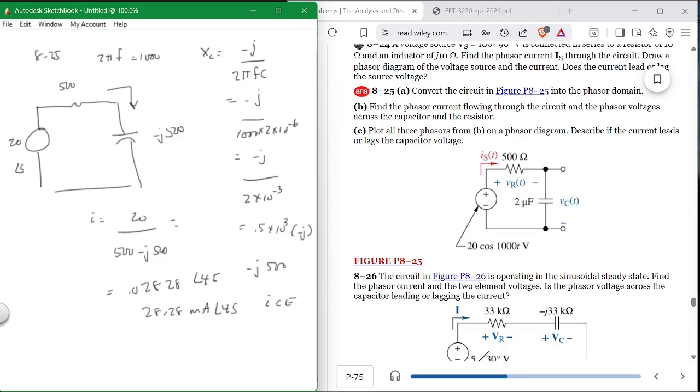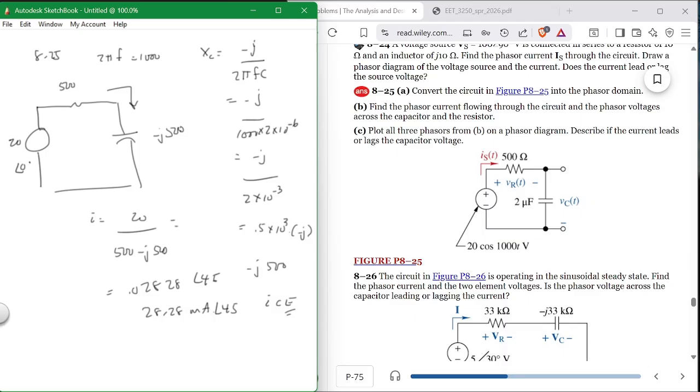So this is a 0 degrees angle. This is at 45 degrees. Current is ahead of voltage by 45 degrees in this circuit, which is exactly what you'd expect. So if you check this out, you got the angle right. If you remember ICE, you can check it out and it works.